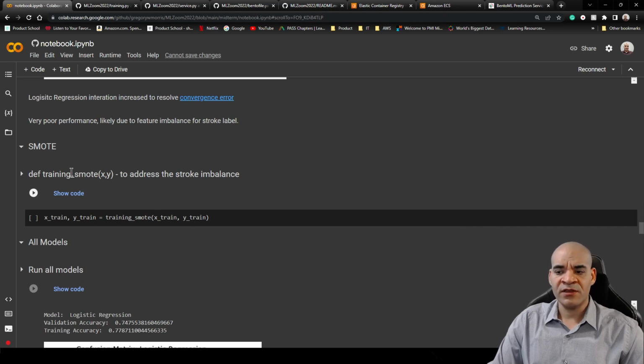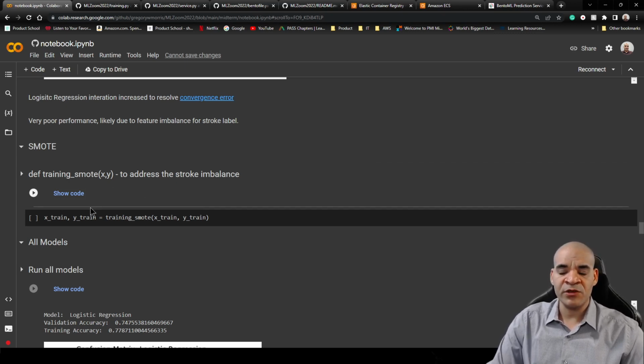So I utilized something called SMOTE. Now, SMOTE can be a little controversial for some people, but what SMOTE does is it simulates part of the data to help bring that balance back. So in this case, I used SMOTE to simulate the stroke positive patients. With SMOTE, you should only use it on training data, never on your prediction data, because you want your machine learning to be good at predicting real outcomes, not simulated outcomes.